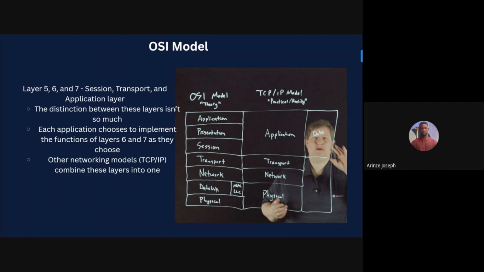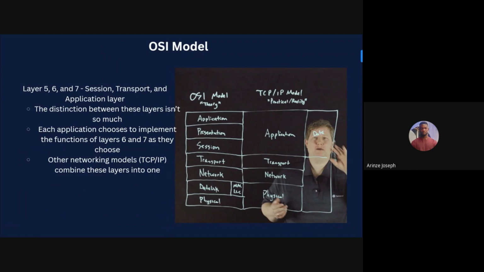They are bundled together because they perform similar tasks. Each application chooses to implement the functions of layers 5, 6, 7 as it chooses. So there is no specific way that this is being done. Each application will decide how it wants to do this.